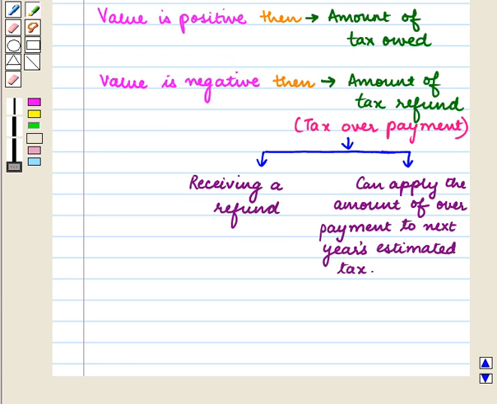When an overpayment occurs, the taxpayer can either opt for receiving a refund or can apply the amount of overpayment to the next year's estimated tax.